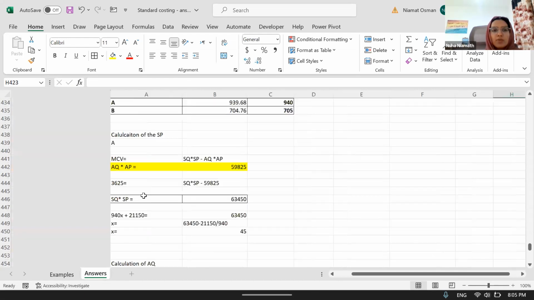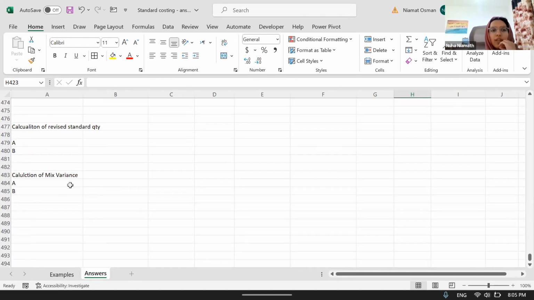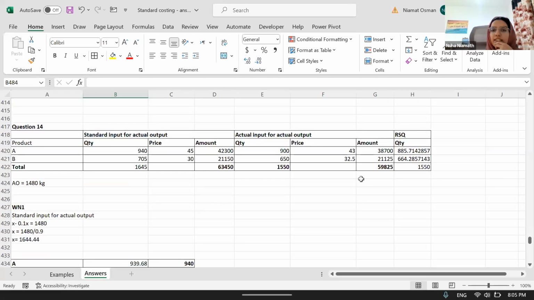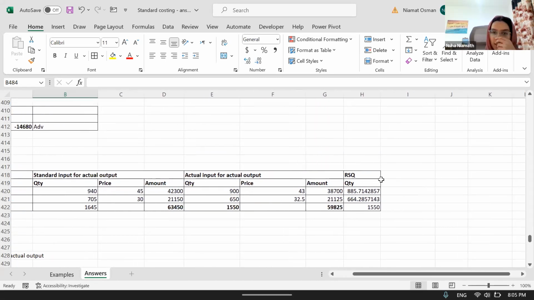So this will help us in what? Our mix variance. If we have to calculate mix variance, difference between which two is mix variance? Between RSQ and standard or RSQ and actual?